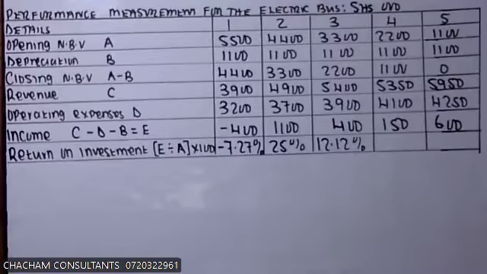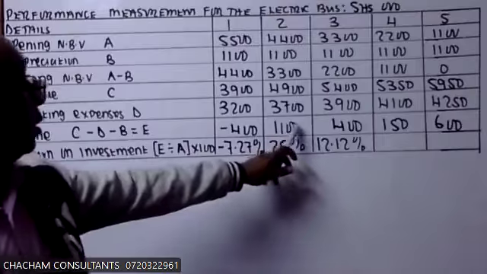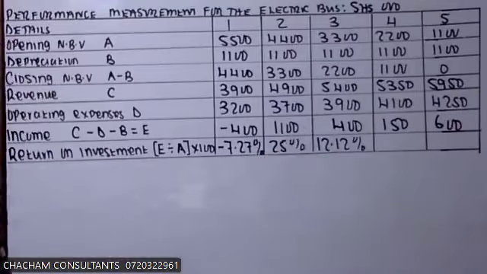So which one is not correct? This one. Oh, by the way, that profit was not correct, because it was supposed to be 4,900. You minus this, that is 700. You minus 1100.